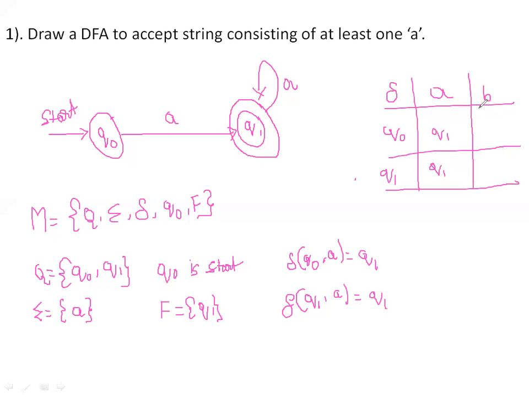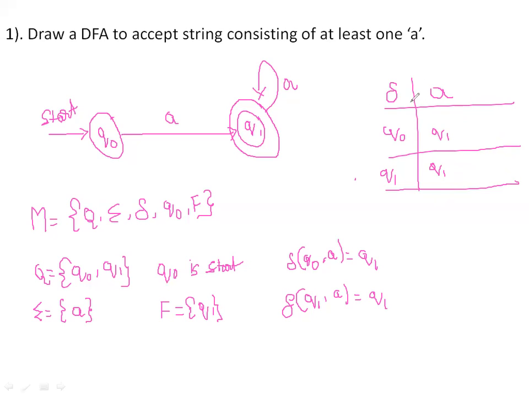Just an example I'm taking. This dash represents there is no transition for delta Q0 comma b and delta Q1 comma b. But in this question, we don't have such an option. We have only one alphabet and two transitions.